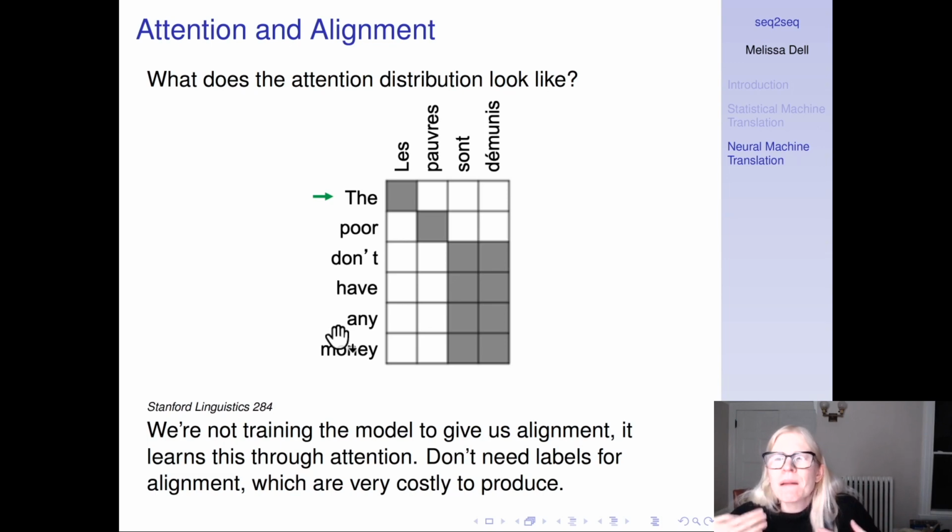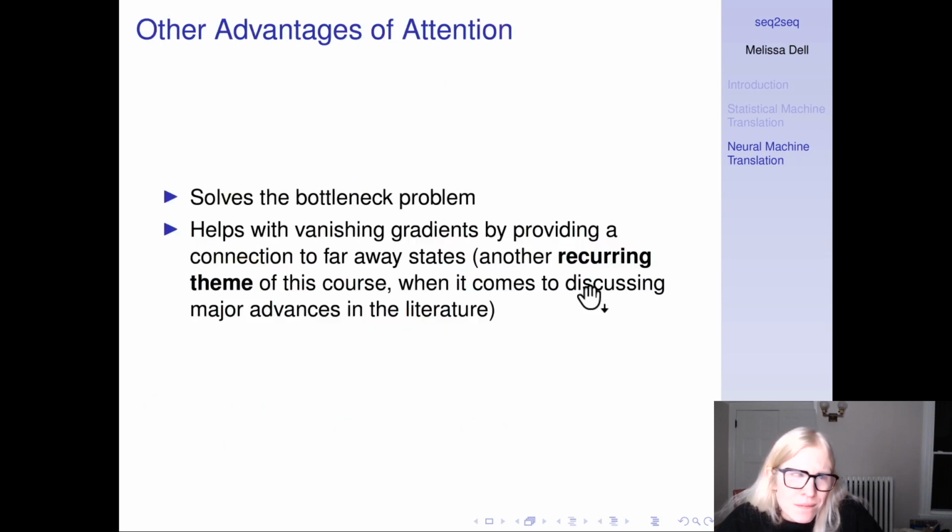And remember that alignment data, like what you needed for statistical machine translation, was super costly to collect because a human had to sit there and code the alignment. And that's just a super tedious task. And instead, just by having these translations, the model learned through attention what alignment looked like. And we didn't need to have these really costly labels, which is just this enormously powerful thing.